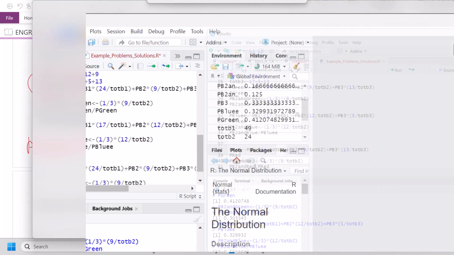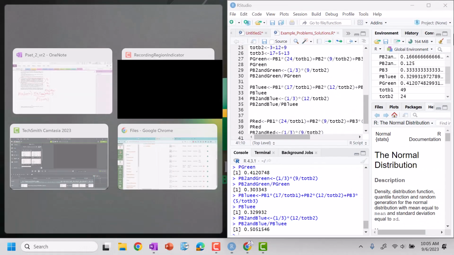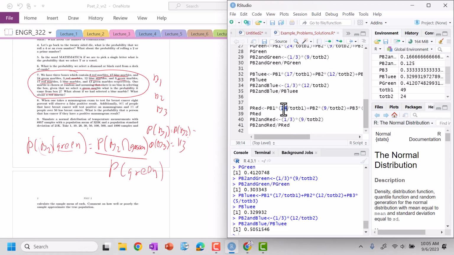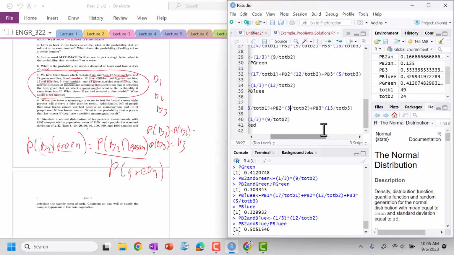And here we go. Let's set this to the side a little bit. So for the first batch, how many red? We have 8. Second box, we are going to have 3. And for the last box, we are going to have 5.